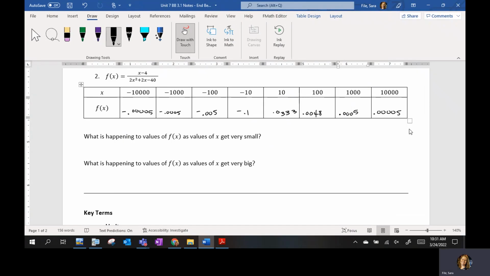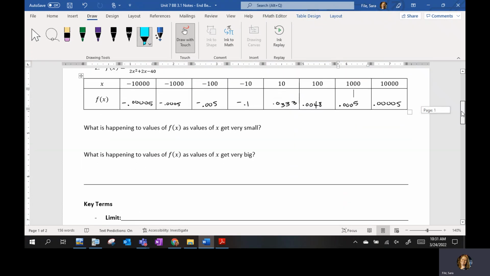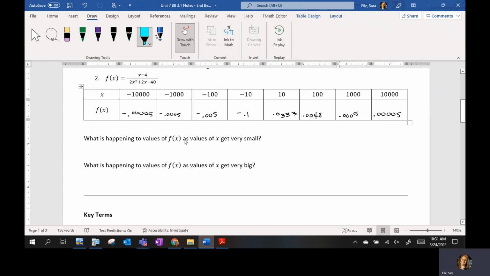Now, let's answer those same 2 questions. I can't remember what color I used going in which direction. Okay, small was blue. So as x gets very small, so going in this direction, what's happening to f of x, to the y value? What's it approaching? What's it getting closer to?